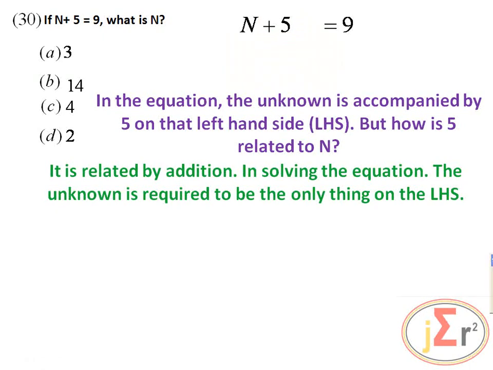In solving the equation, the unknown is required to be the only thing on that left hand side. So when we have solved the equation, the only thing left on the left hand side will be this n. Therefore, we need to eliminate or remove this plus 5 from the left hand side.